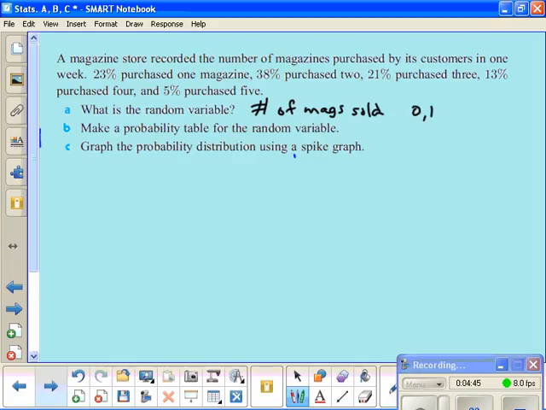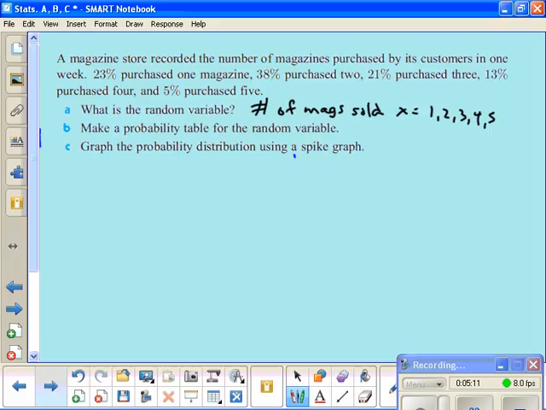Well, it could be 0, 1, 2, 3, 4, 5. Is that all inclusive? Does that add up to be 100%? If I add those up, 23, 38, 21, 13, and 5. So is it possible to have a 0? Could they have had 0? No. So x would equal 1 through 5.